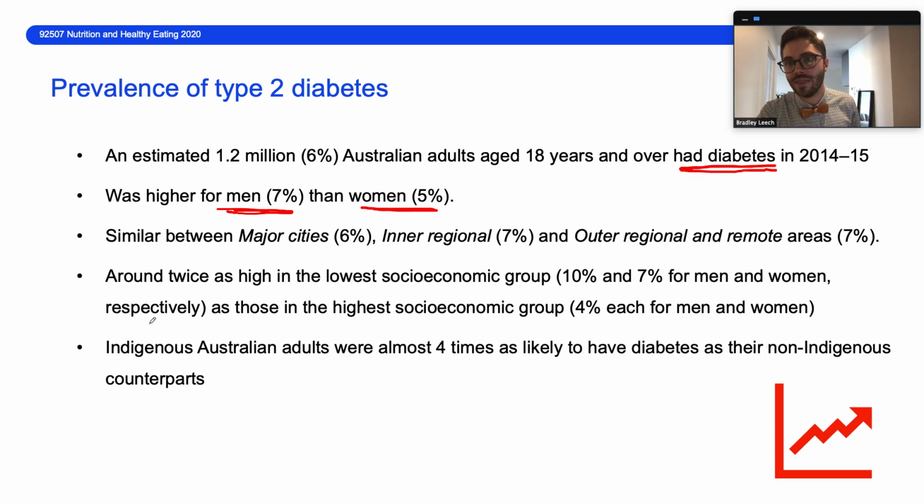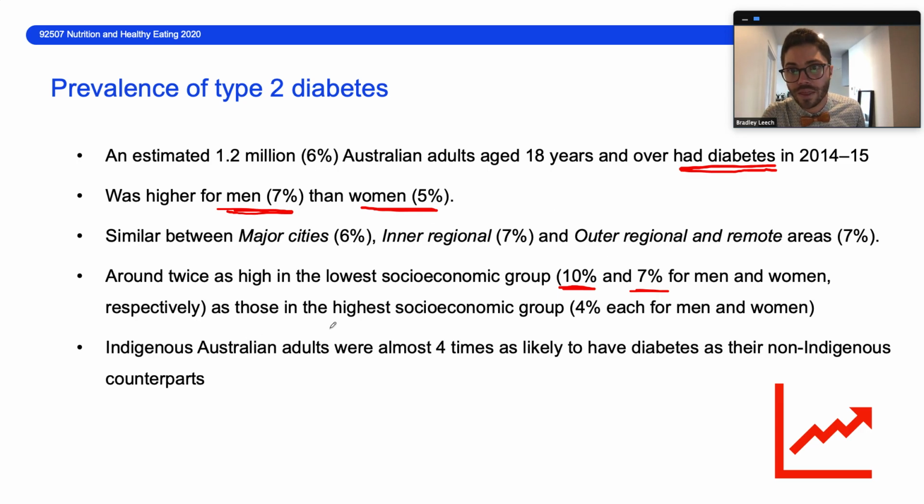If we look at this, it's around twice as high in low socioeconomic groups. So for those in the low socioeconomic group, men's prevalence is 10%, women 7%. So it's still the same: men have that higher rate of type 2 diabetes in comparison to women.